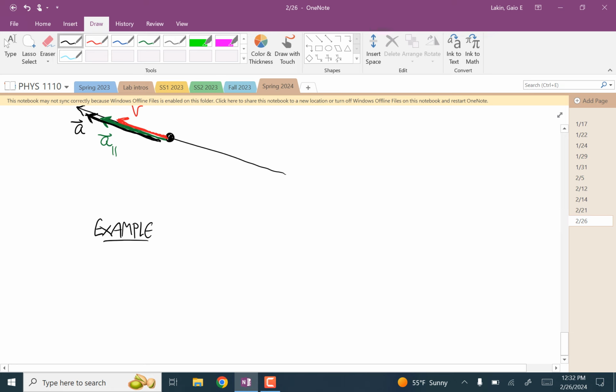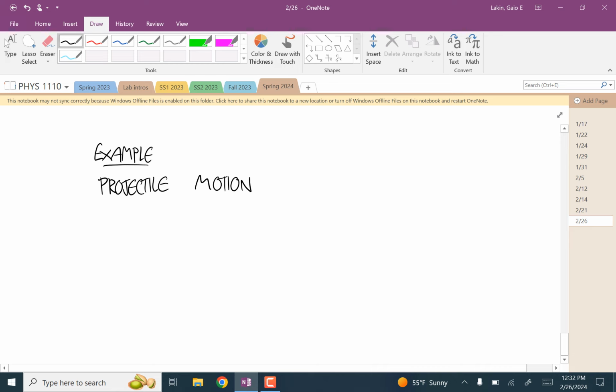So let's think of an object in projectile motion. And I'm actually going to analyze this at 2 different points. So something in projectile motion goes through a parabolic path. That's not a great parabola.